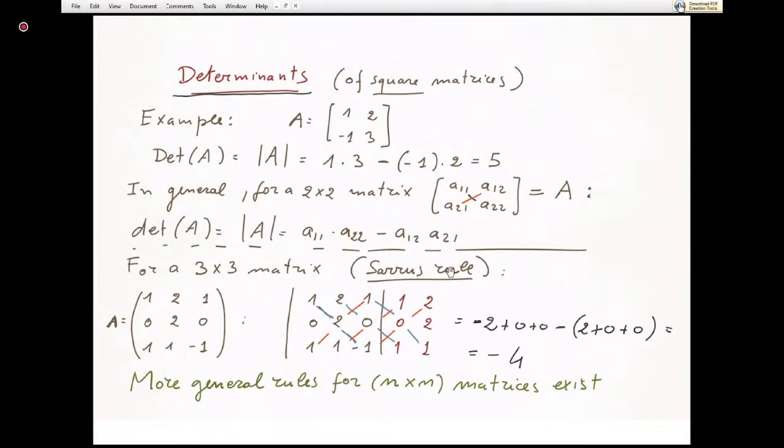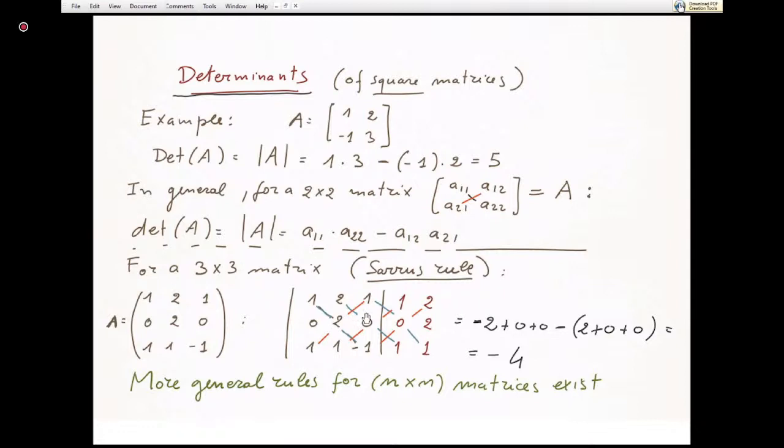one possible way to compute it is the so-called Sarrus rule. Of course, we cannot, in this case, use the basic rule, but use something similar. You have a matrix, rewrite the first two columns this way, then consider the blue products here and compute the sum of these blue products, which means 1 times 2 times minus 1 is minus 2, okay? 2 times 0 times 1 is 0. 1 times 0 times 1 is 0 again.